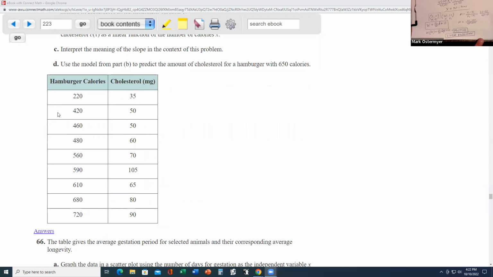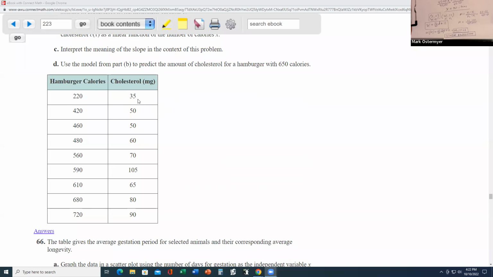Here's a data set where we could call the number of calories that a hamburger has the X variable, and we could designate the cholesterol in milligrams as the Y variable. So we have a bunch of ordered pairs here, X comma Y, X comma Y. And there is a way of fitting a linear equation to these ordered pair data points. That's called linear regression. That's something that you would study in statistics here at Mott.